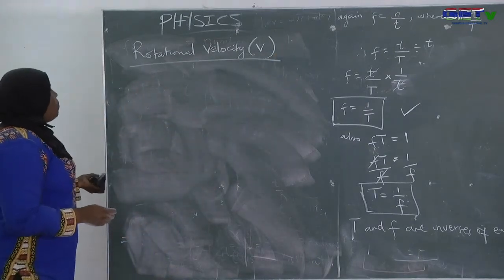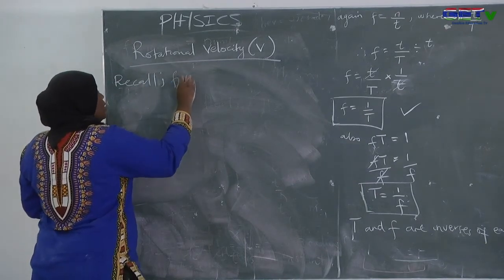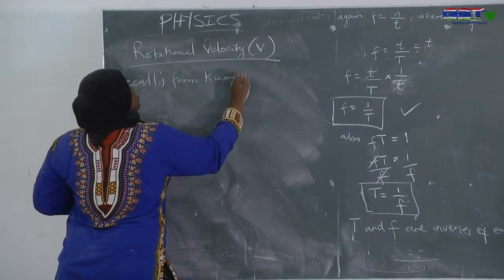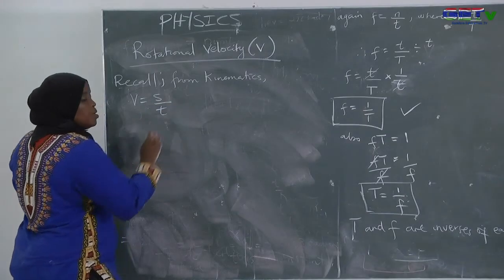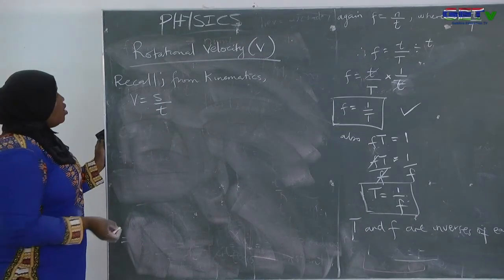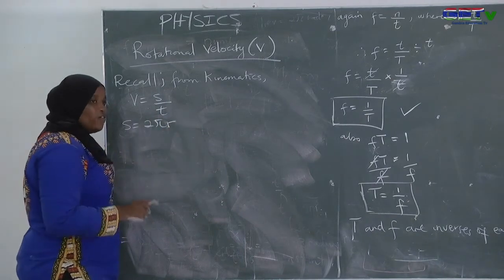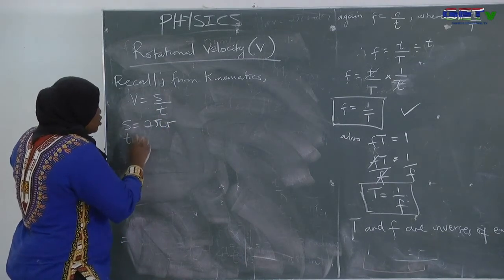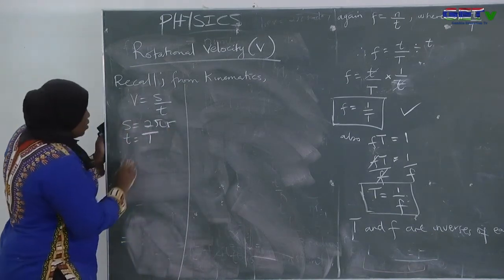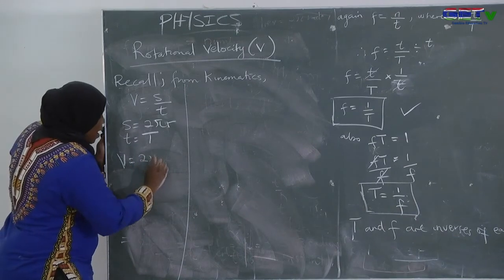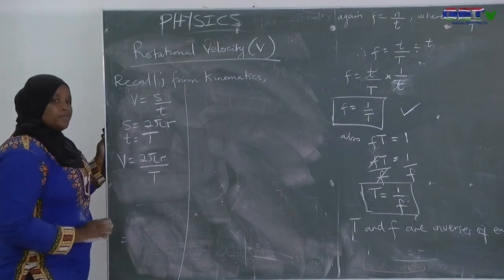Let's recall that from kinematics, v equals s over t. But since we're dealing with rotational motion, s will be 2 pi times r, that's the circumference of that circular path, and t will just be capital T. Is that clear? And this will be v equals 2 pi r all over big T.